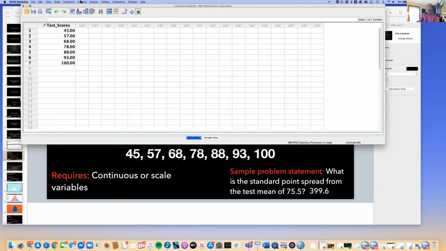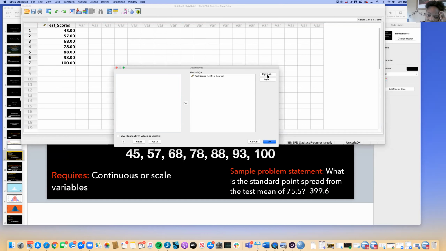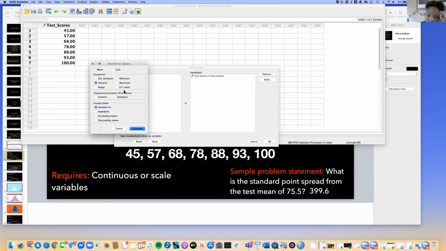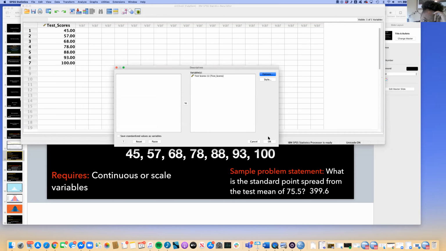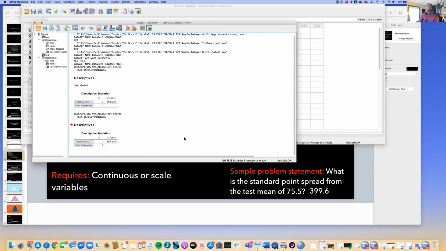No. You analyze, descriptive statistics, descriptives. Oh, and then I said the wrong thing. And then I put the test score over there for the variable. I clicked options. And then you click variance. And uncheck everything else. I forgot to uncheck everything else. And then you click continue. And then you click OK. Okay.